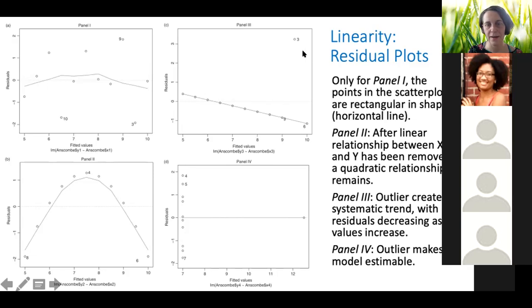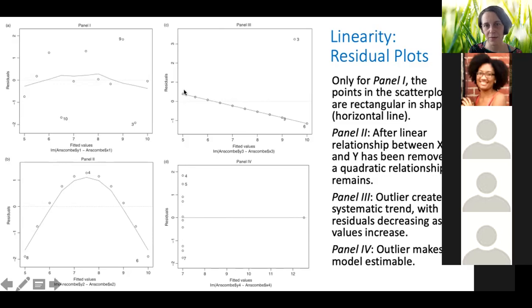And then here was a model where basically it's a perfect relationship between our predictor and our outcome. There's just this one outlier here that destroys this perfect relationship.